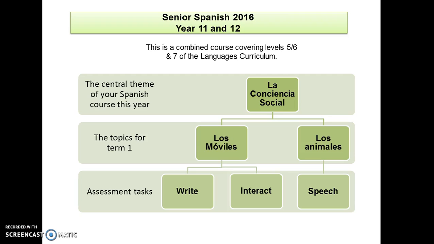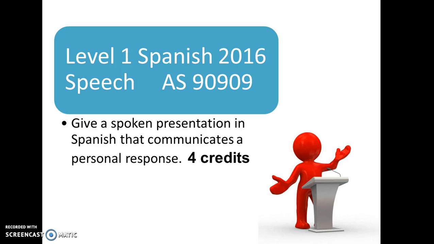The assessment tasks involved for those two topics are writing, interact, and speech. Remember, this year you have a choice between interact and speech. Your speech this year, Level 1, AS 90909, involves giving a spoken presentation in Spanish that communicates a personal response.